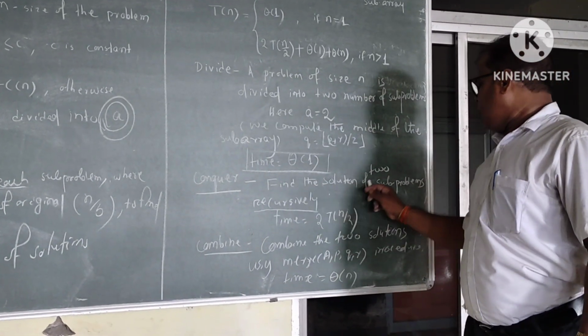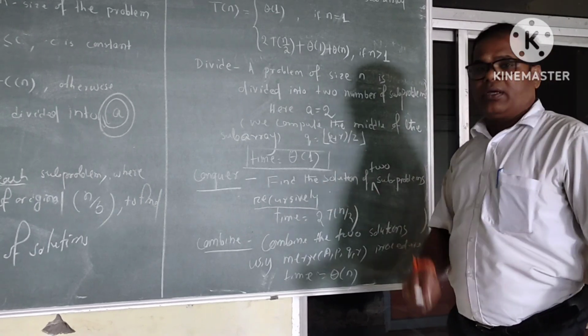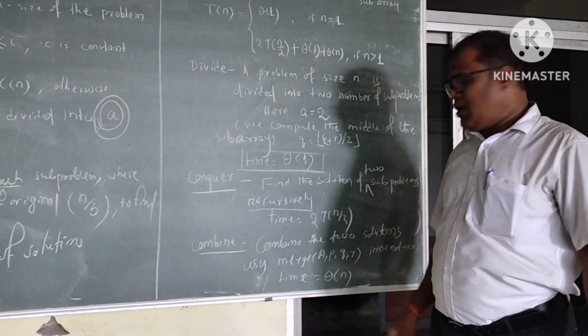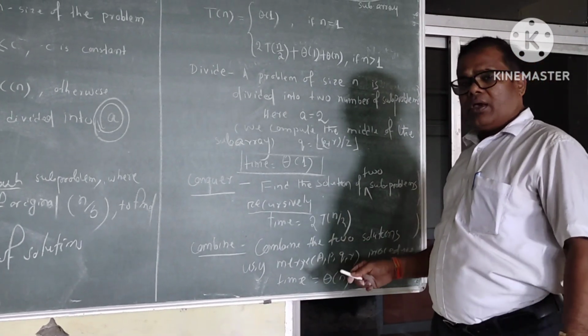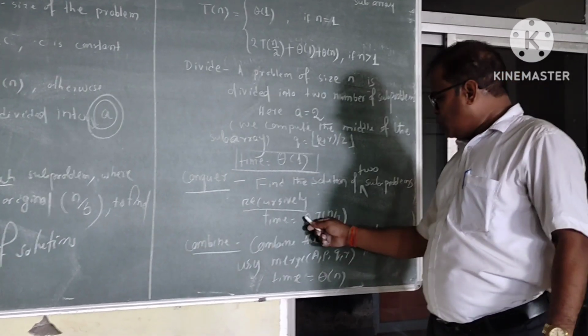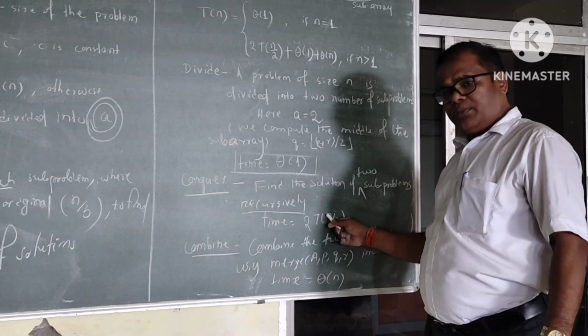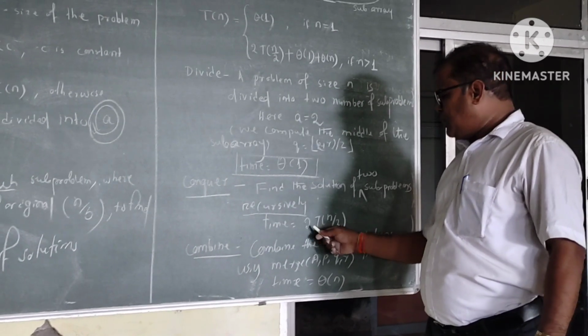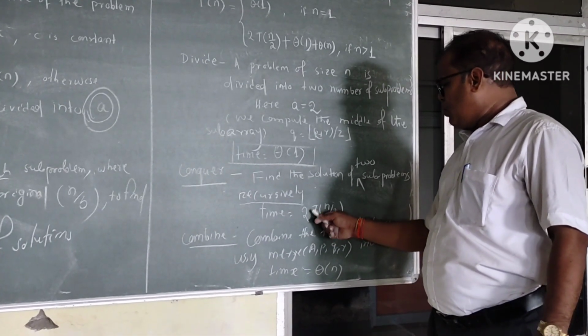So how much time will this take? Because it is a recursive term, I write it in terms of T of n by 2. There are 2 sub-problems, so each problem size is n by 2, hence the time is 2T n by 2.